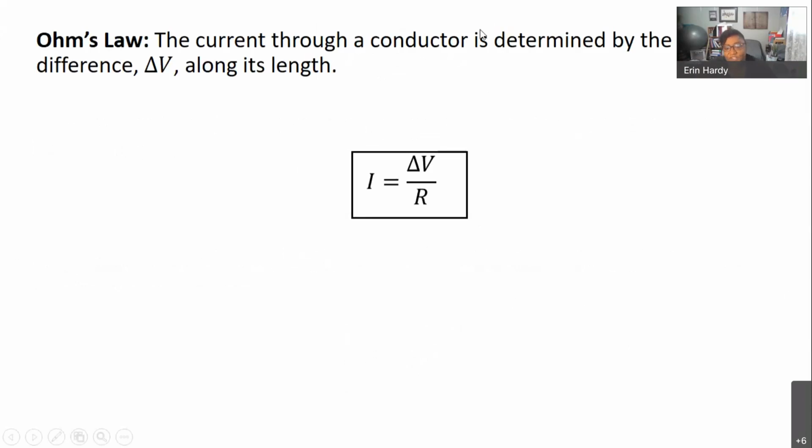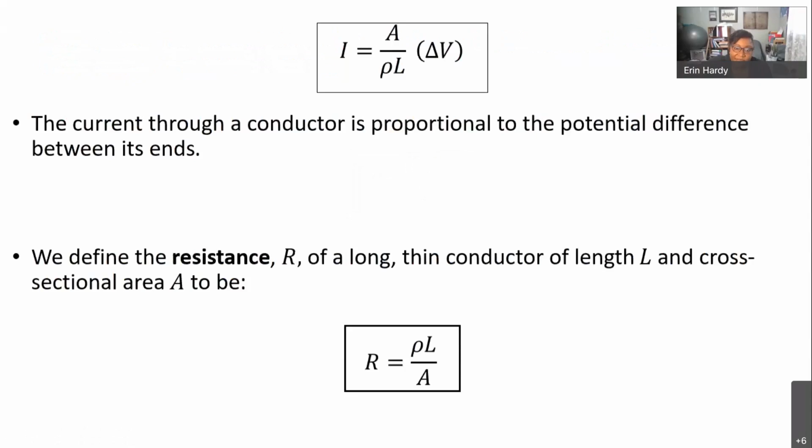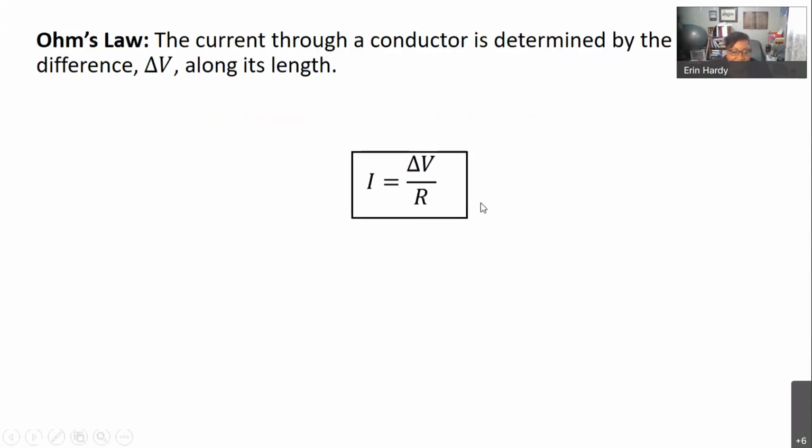So let's look at this relationship here, because I feel like that is explaining the same thing, but maybe in a less clunky way. If resistance is the resistivity times the length divided by the cross-sectional area, then we can take the group of constants that we saw on our previous slide up here at the top, and we can take the reciprocal of those constants, and we see that I is equal to 1 over the resistance times delta V. And that's how we got this value here.